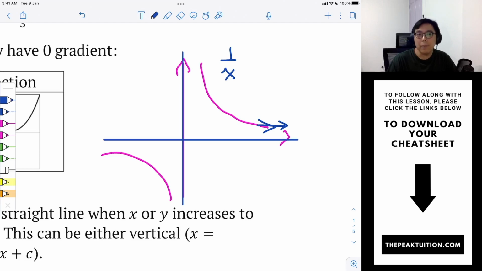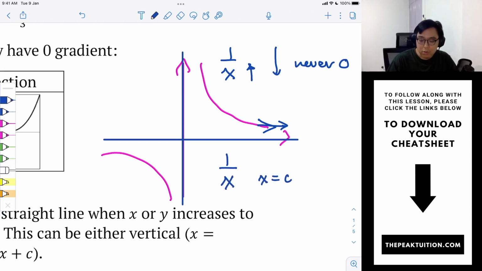No matter how big x becomes, 1 over x will just become smaller, but never 0. And this is one of the asymptotes. In the second case, because 1 over x is a fraction, when x equals 0, your entire fraction becomes undefined because you can't divide by 0. So that forms the second asymptote, which is the vertical asymptote.